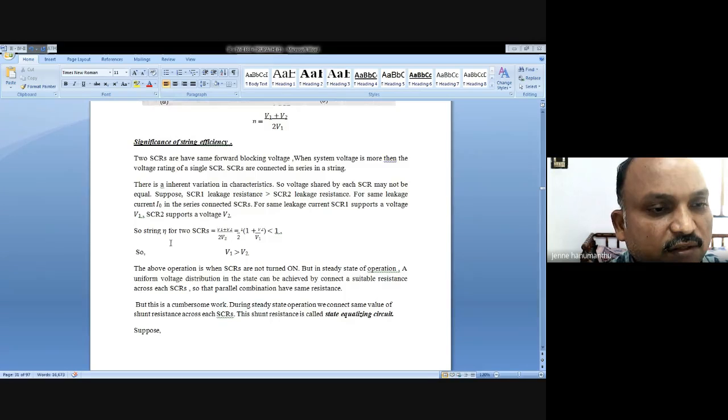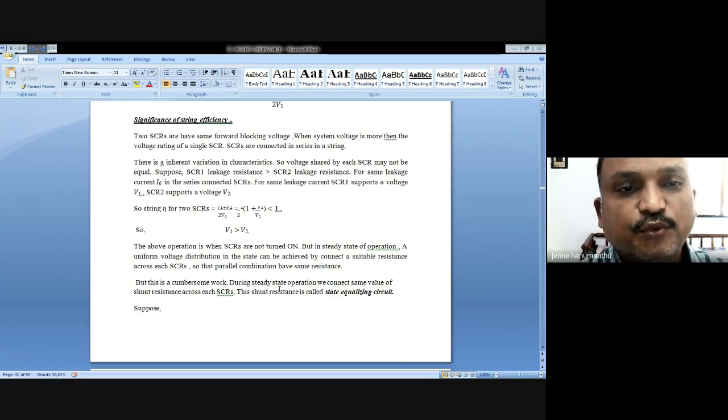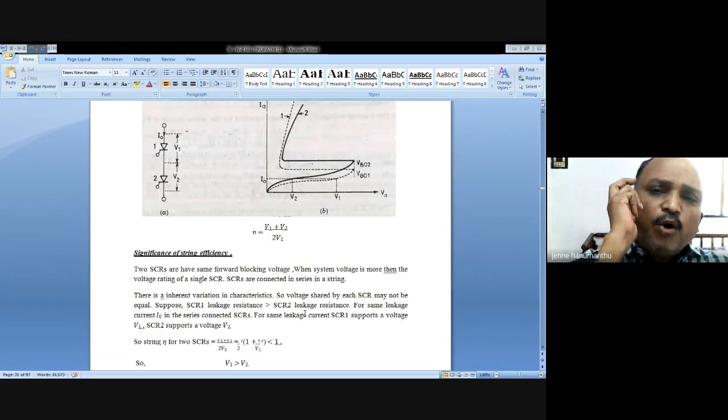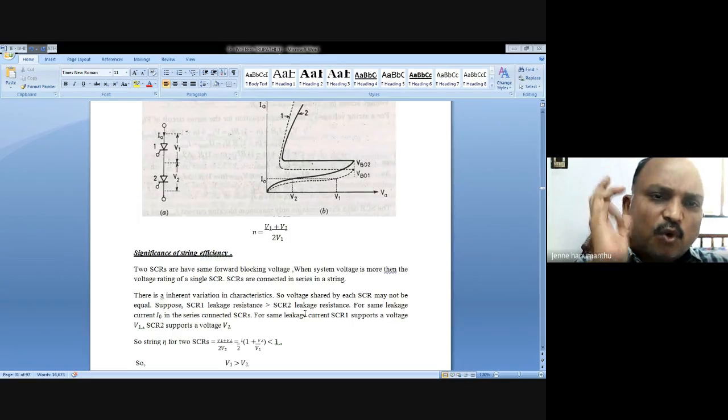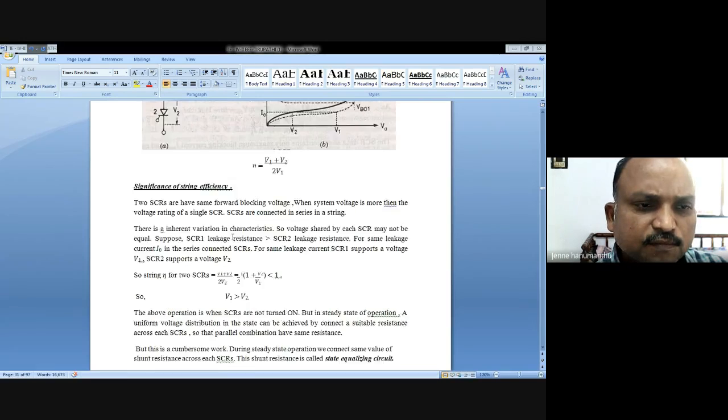The string efficiency for the two thyristors is like this: V1 plus V2 by 2 V1 equals 1 by 2 into 1 plus V2 by V1, which is less than 1, because V1 is greater than V2. So remember, how do you make the drop more? The drop is more if we connect two thyristors of equal rating.